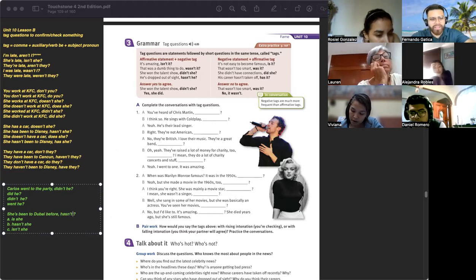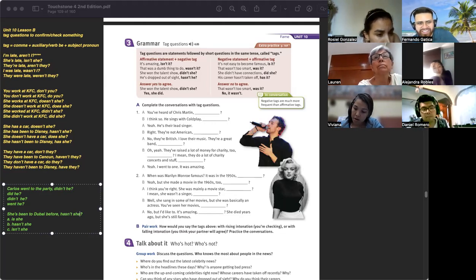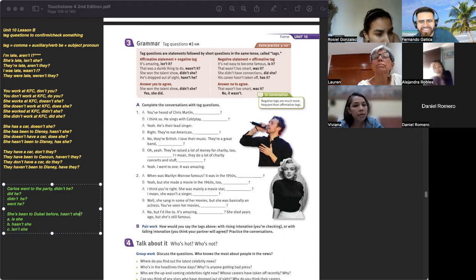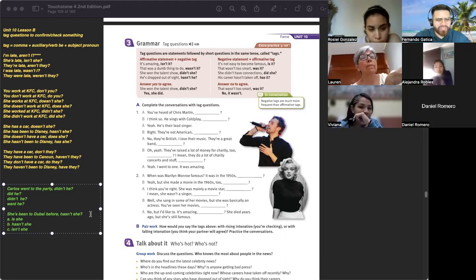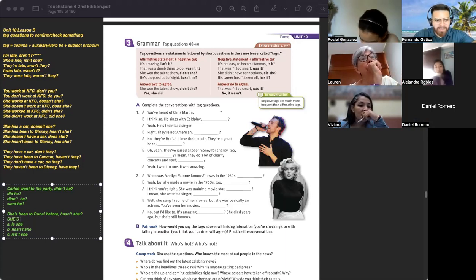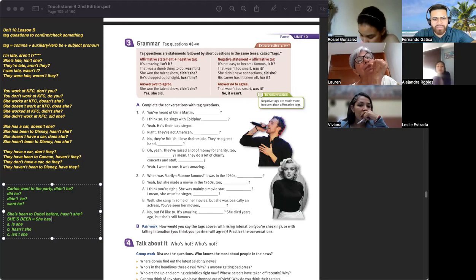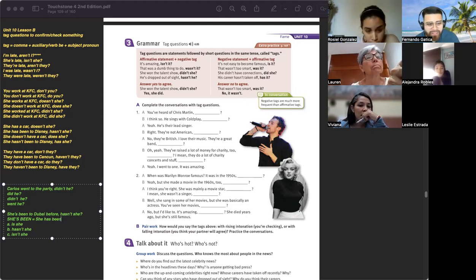Isn't she? Hasn't she? Why? Because been is a past participle, the verb be. Nice. So she's been is like saying she what? She has been. Yes. Be careful. The contraction with S can be is or it can be has.